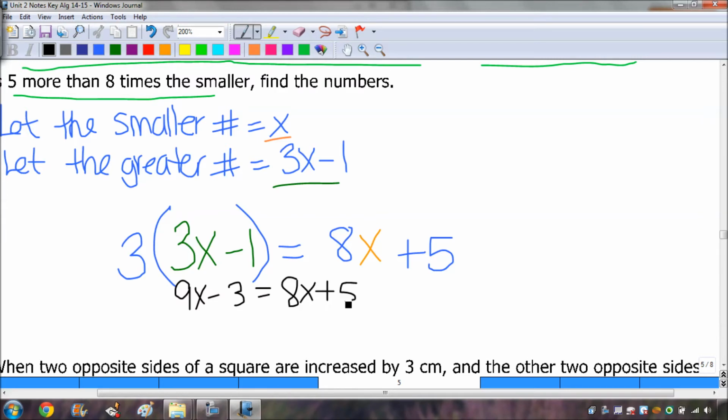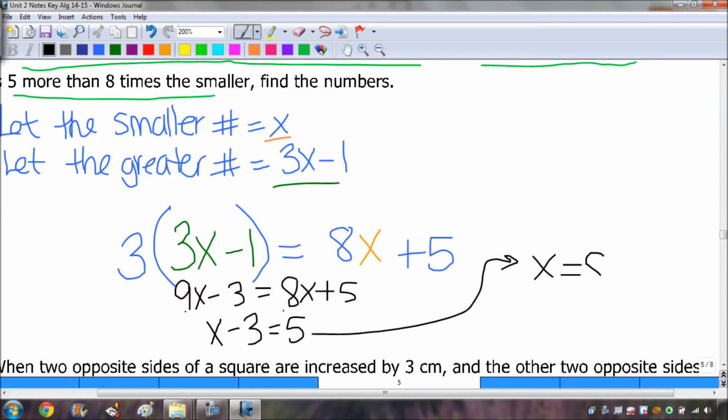I can subtract x from both sides, or excuse me, I can subtract this 8x from both sides, right? So I end up getting 9x minus 8x is 1x, minus 3 equals 5. Then I can add the 3 to both sides, so I end up getting x equals 8.